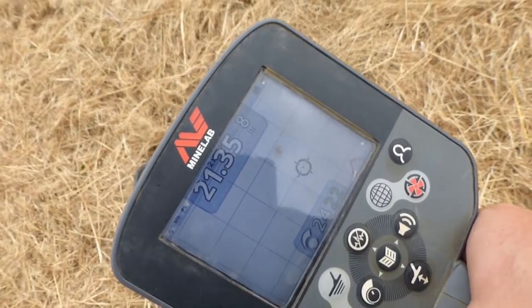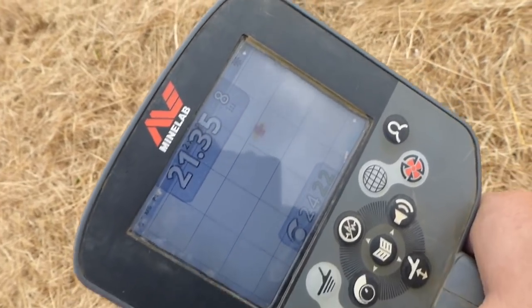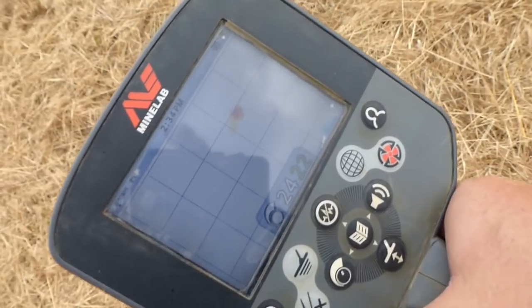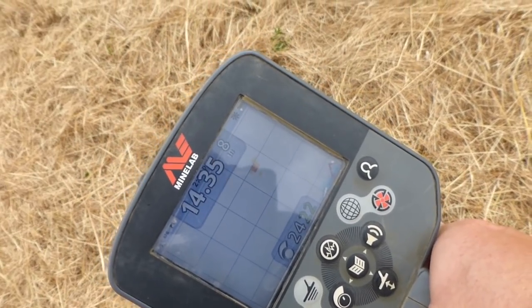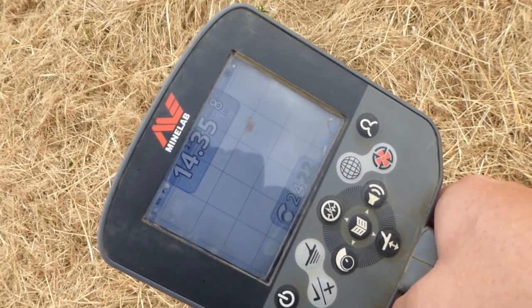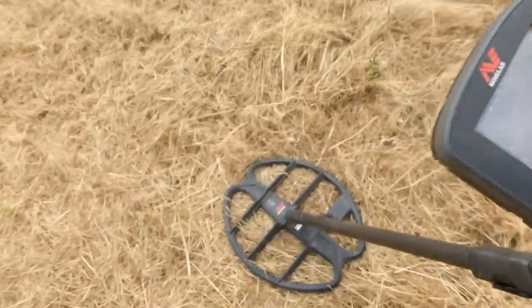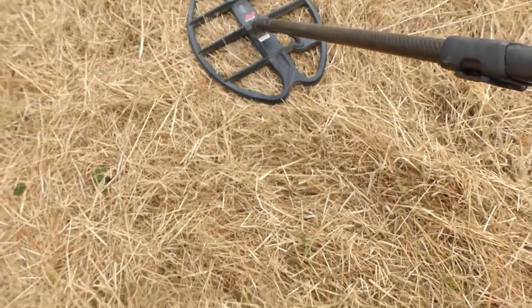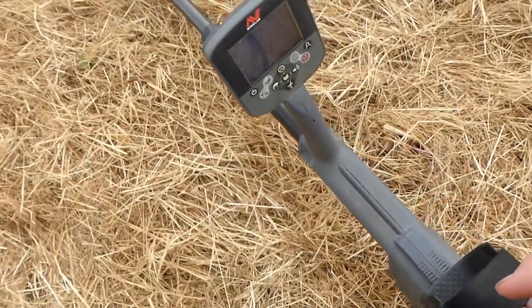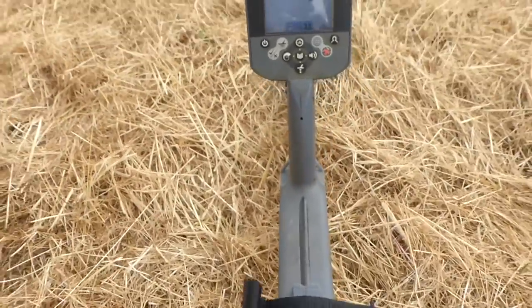Oh, look at this signal I got here. Right, I'm fairly certain that this is going to be a moo tube. But what we can do is, I've already dug a couple of moo tubes in the field.